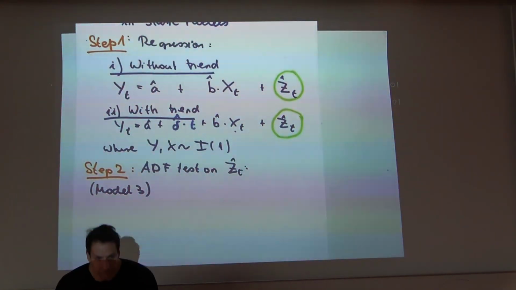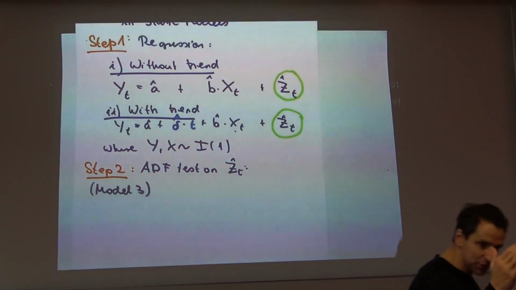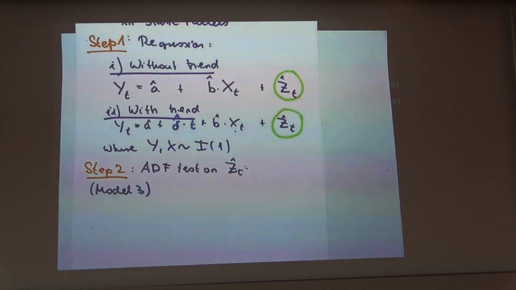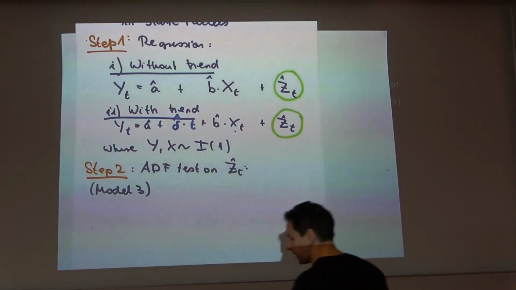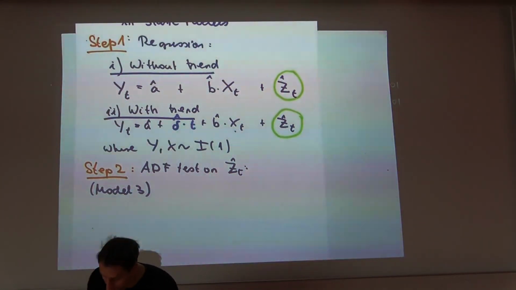If you remember, model 3 was the model without the deterministic components. The reason I'm choosing model 3 is that the mean of the residuals is going to be 0 by definition. So that was the easiest model. The mean of the residuals is 0, so that's why we choose model 3, which is without the deterministic components.